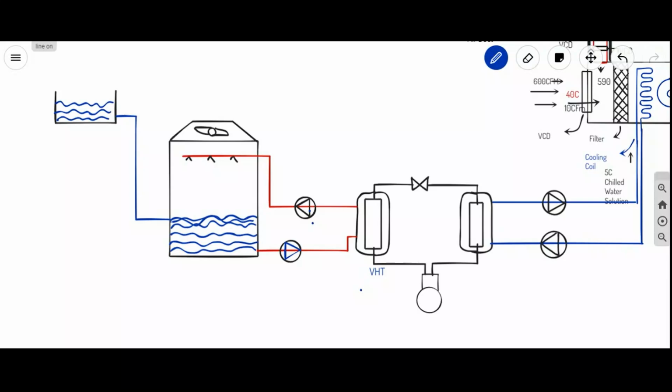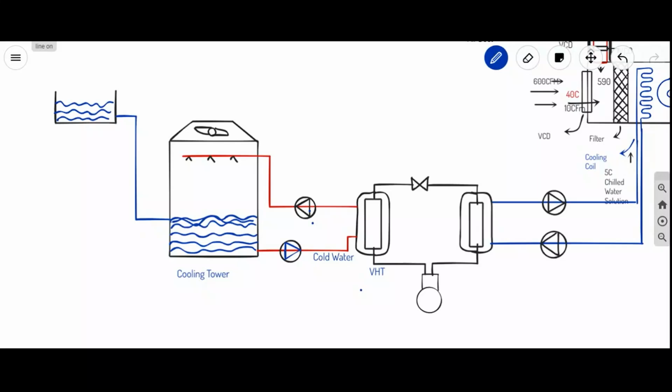The compressor compresses the refrigerant to very high temperature and very high pressure. Now, as it compresses to very high temperature and pressure, from the cooling tower, this is called the cooling tower, we supply cold water to decrease the temperature of the refrigerant.